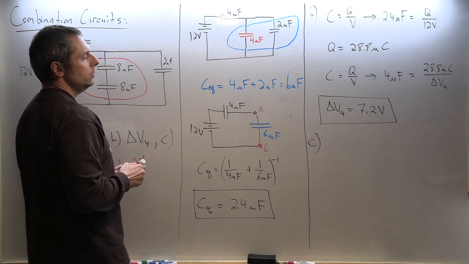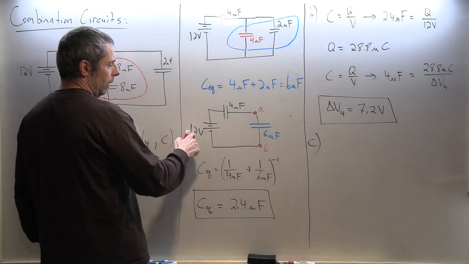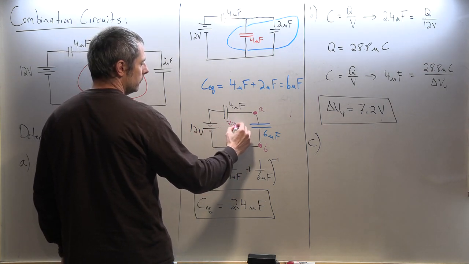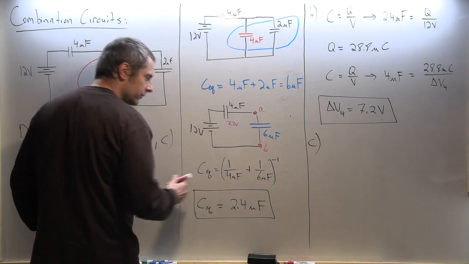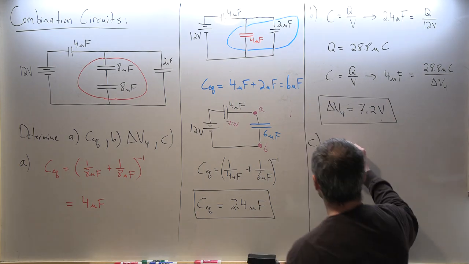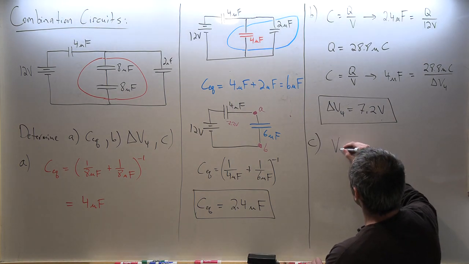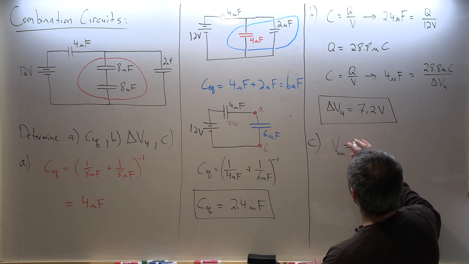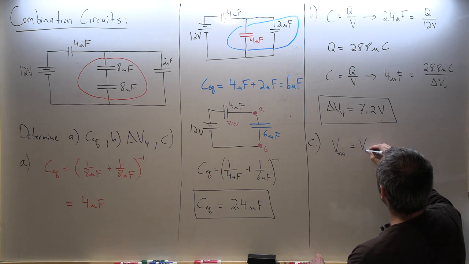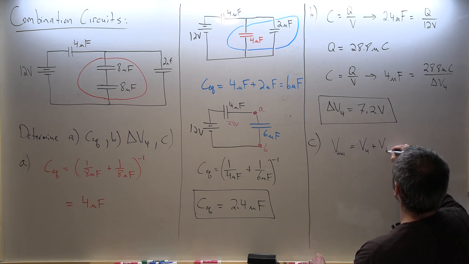The way I could do that is I know that there's 12 volts here and there's 7.2 here. And I know that this is a series arrangement. So what I could do is say that the V total equals V1, or the V4 plus the V6.